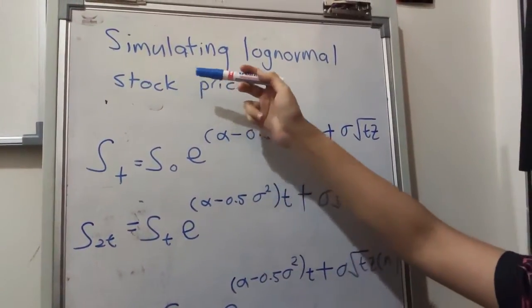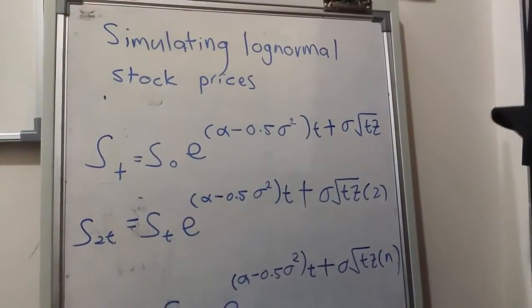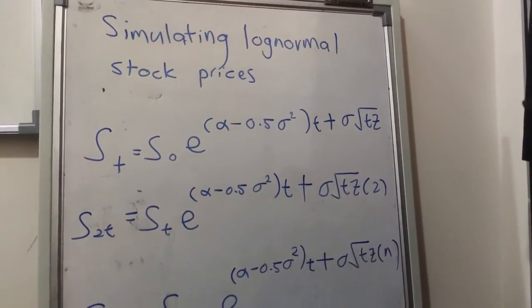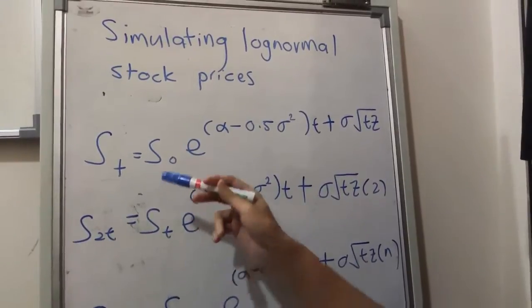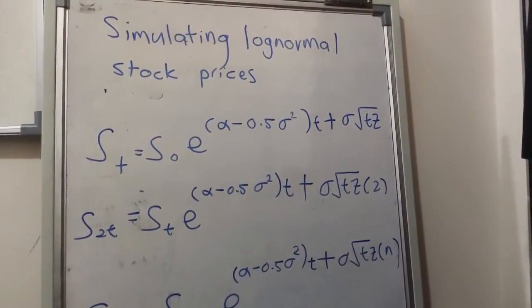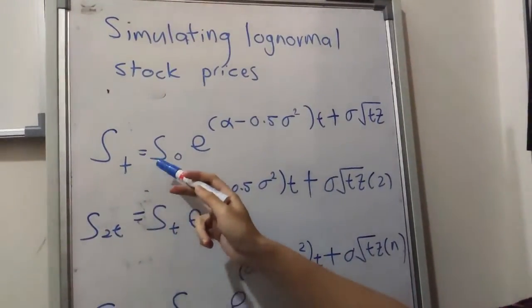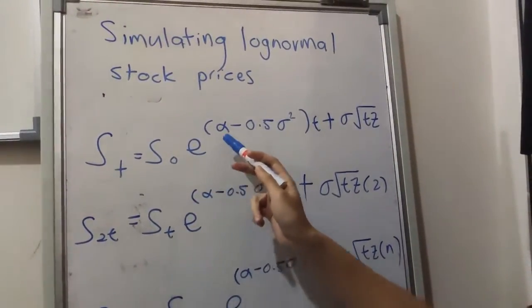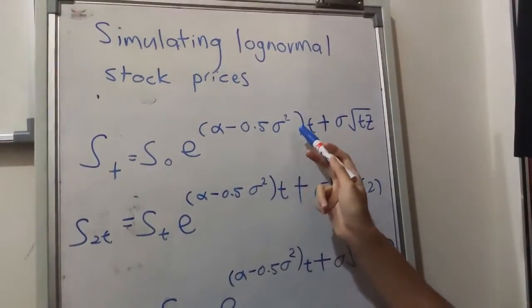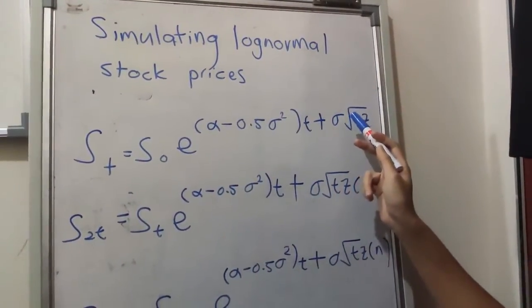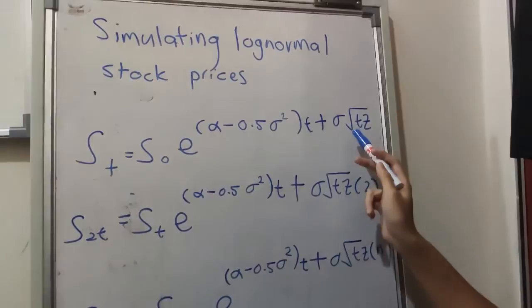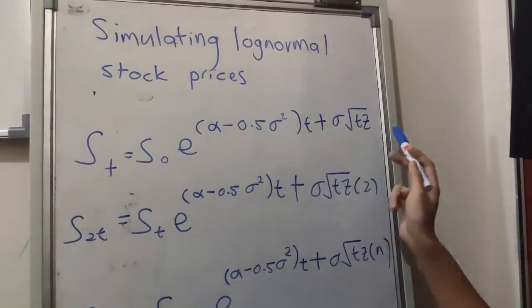Next, we're going to learn how to simulate a lognormal stock price. Usually, given by the question, we will get the initial stock price, which is S0. To calculate the stock price at time t, we use this formula: St equals S0 times exponential of (alpha minus 0.5 variance) times t plus standard deviation times square root of t times z.